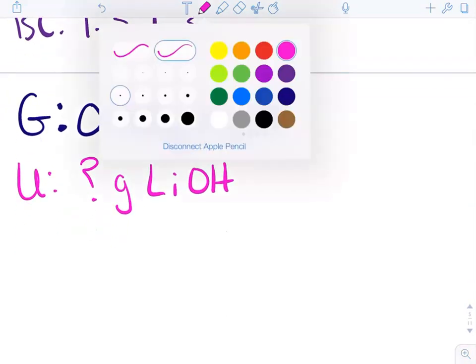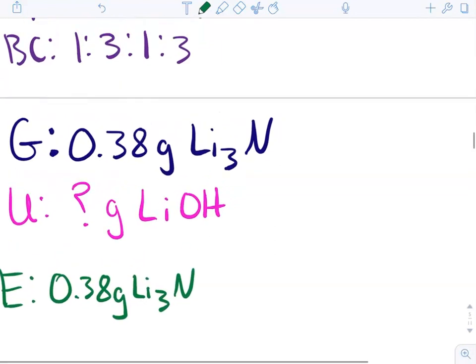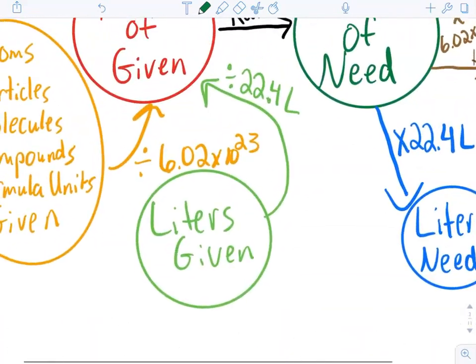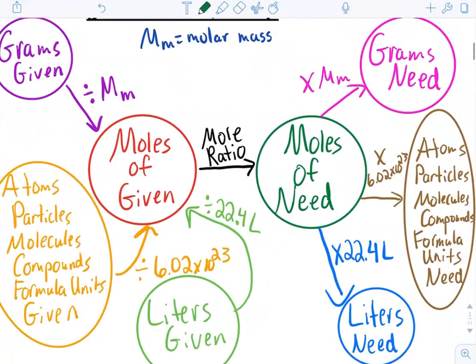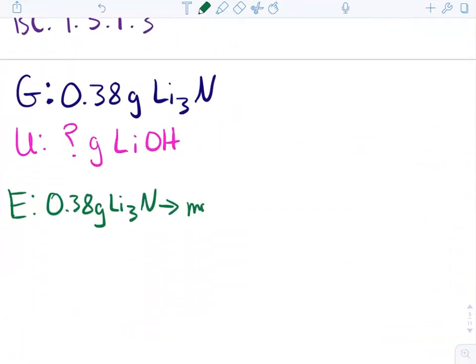So now we have to figure out our unit path. And if you remember, we always start with what we're given. So we're given the Li3N, and that is 0.38 grams. After that, I come back up here to my chart, and I see that if I start with grams, I follow my arrow, and I'm going to go to moles. So we're going to go to moles of given, which is going to be Li3N.